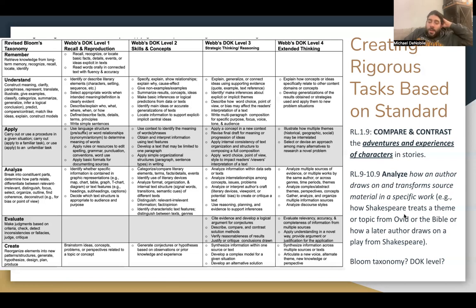I can see doing a level 4 for this one, where I have them read a scene from Shakespeare, but now they have to read, on their own, an excerpt from Ovid or an excerpt from the Bible, and cite the evidence. They have to pull it out and synthesize Shakespeare and the Bible, let's say, to show how Shakespeare used parts of the Bible to develop his scene. That's going to be a high-level ask.